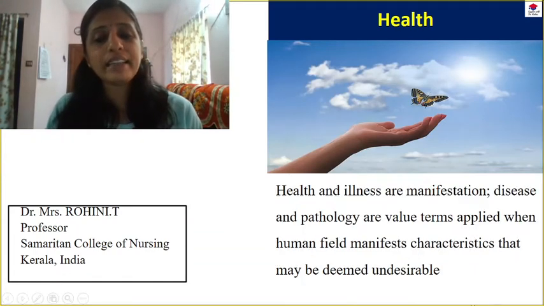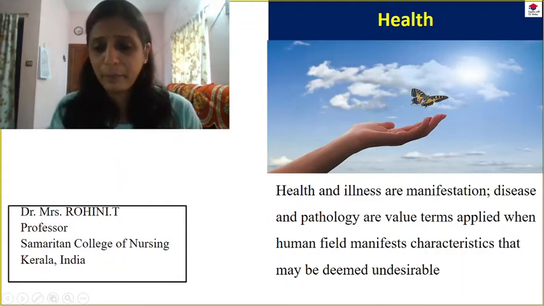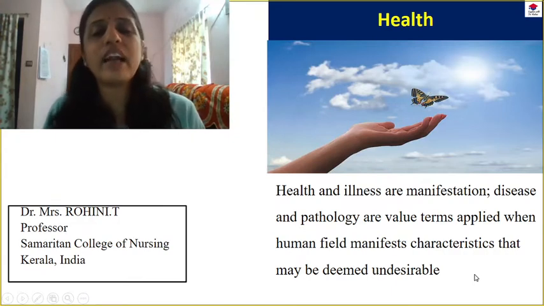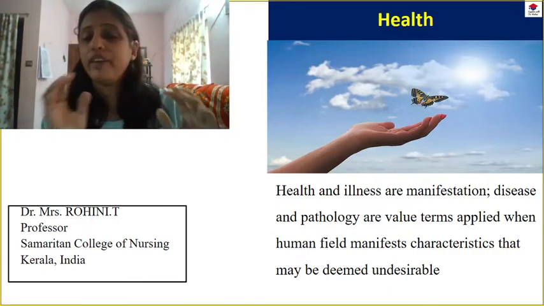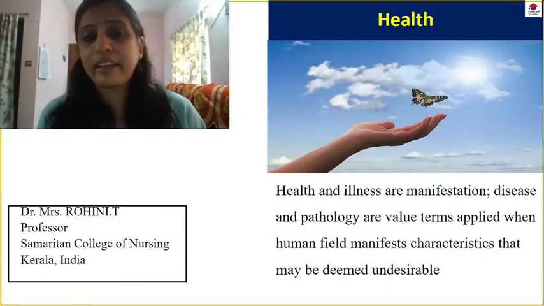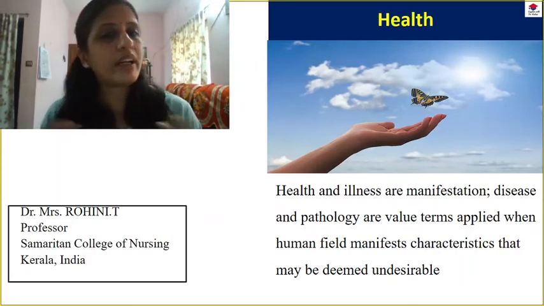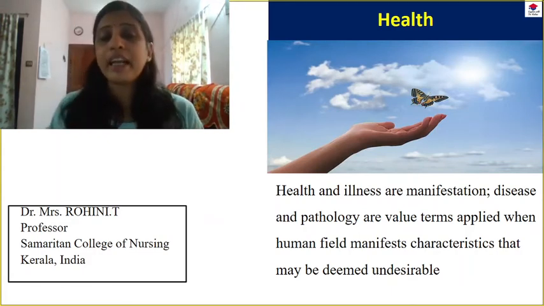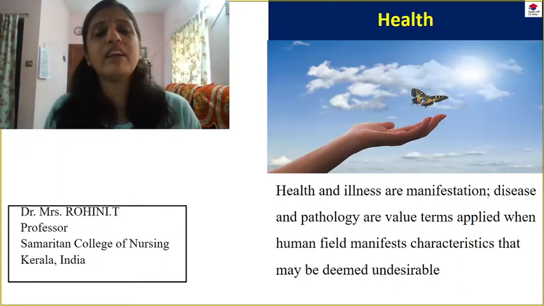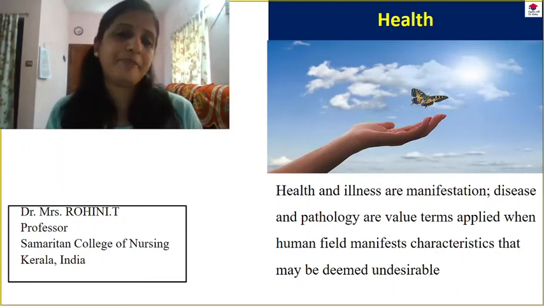See here, health and illness are just manifestations. Disease is the term applied when the human field is manifesting certain characteristics which are undesirable. So, what do you mean by that? When you are exhibiting a desirable characteristic, Roger will say that you are healthy. When you are exhibiting an undesirable characteristic, she will tell that you are not healthy.